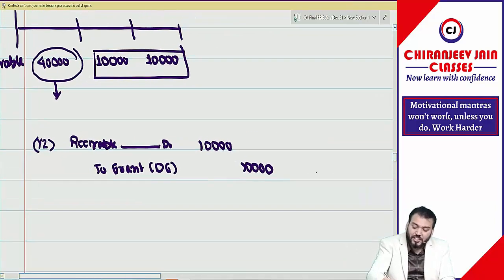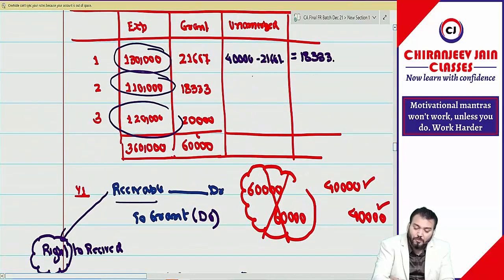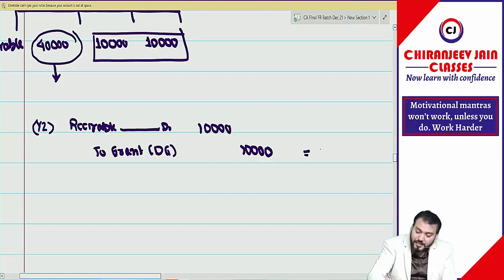The opening balance of deferred grant is how much? 18,333 plus 10,000. So the deferred grant will be 18,333 plus 10,000, that will now be 28,333.